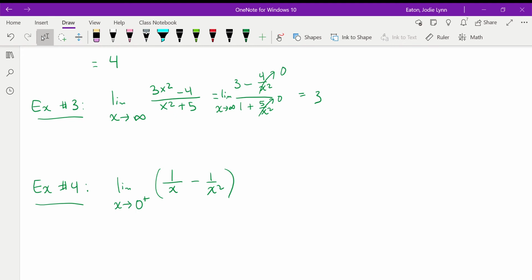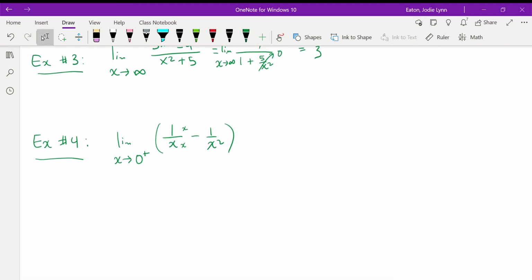So I'm going to multiply by x over x so that we can rewrite this as one fraction. So this is the same as the limit as x approaches 0 from above, or from the right-hand side, of x over x squared minus 1 over x squared.